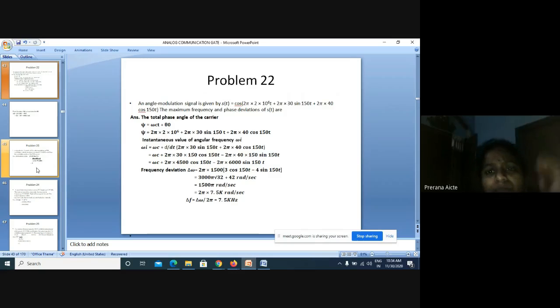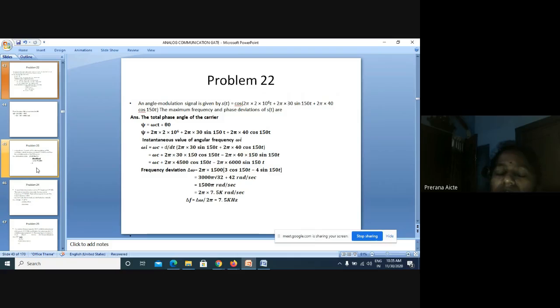So these are some of the problems they will ask in angle modulation, and some they may ask from amplitude modulation.